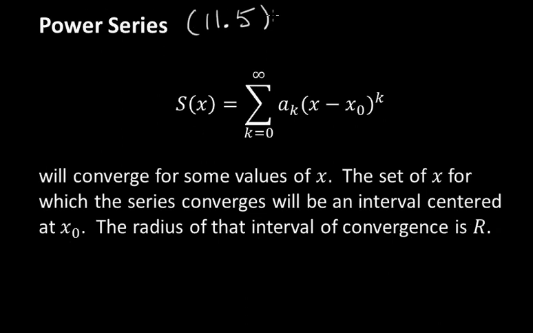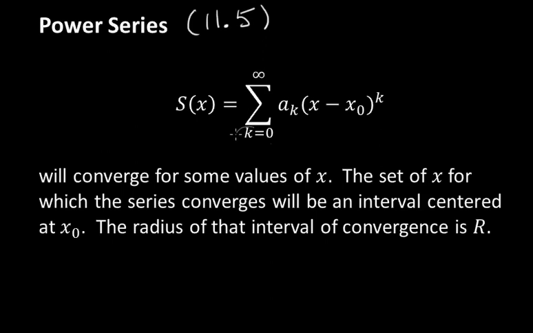So moving on to section 11.5, we'll start with power series. A power series is of this form. It's a function of x. S of x is equal to the sum from k equals 0 to infinity of a sub k times x minus x naught raised to the k power.